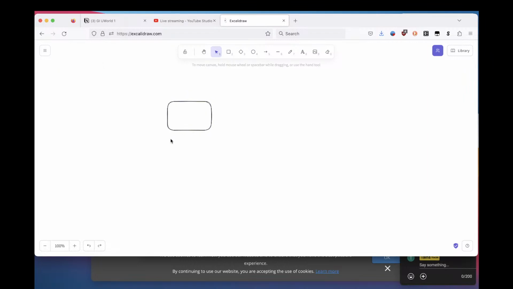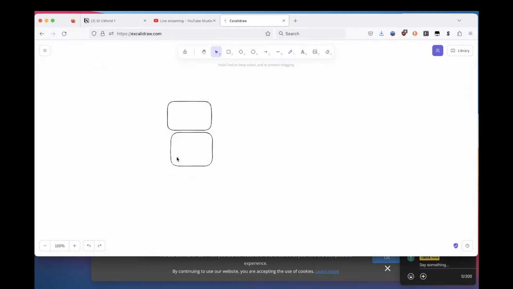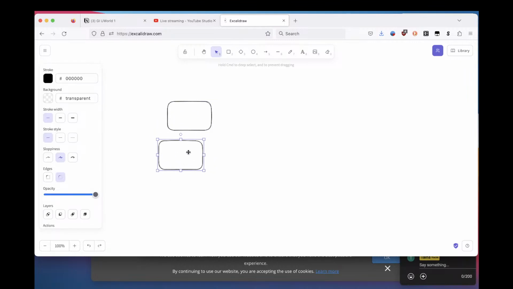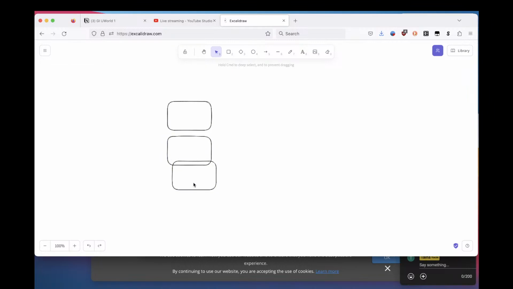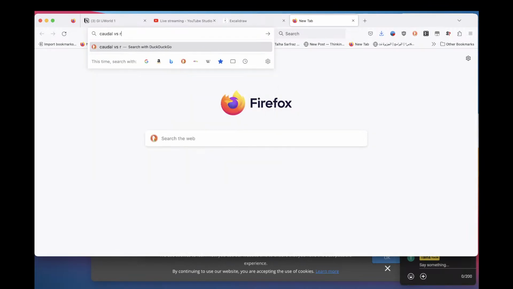I'm going to make the three things of the embryo, 1, 2, and 3. Next, this is going to be from, well, actually it should be caudal and rostral. What's caudal versus rostral again?